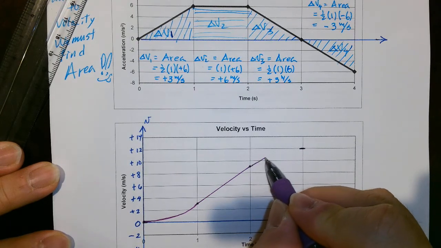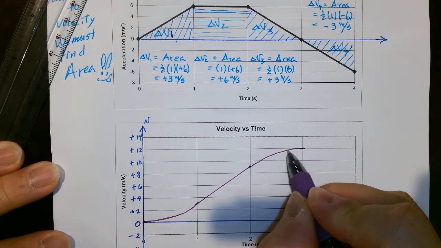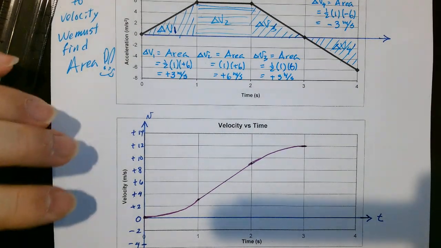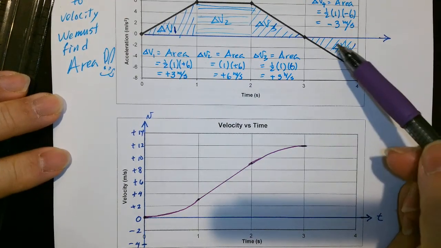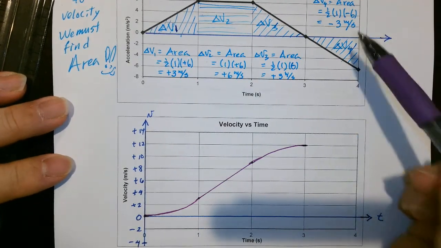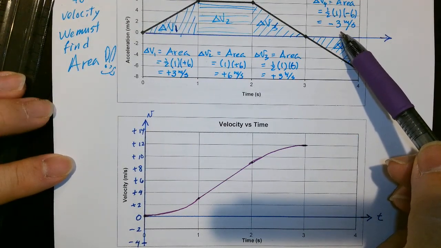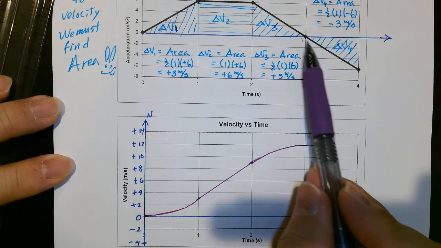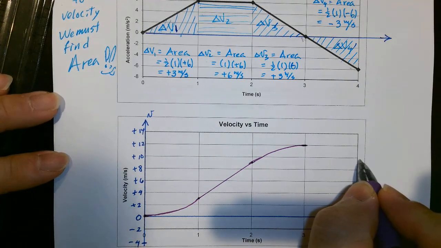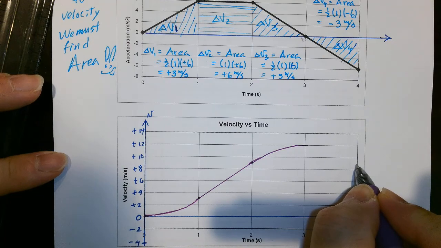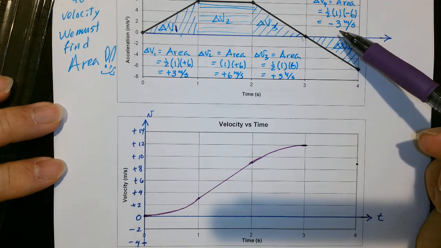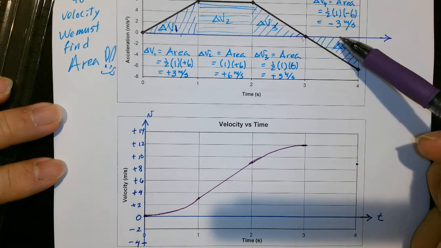So it should be doing one of these. Then we are going still in the positive direction, but our acceleration is in the negative, so we are actually going to slow down to positive 9 meters per second, because we're going to go from 12 meters per second and slow down 3 meters per second.